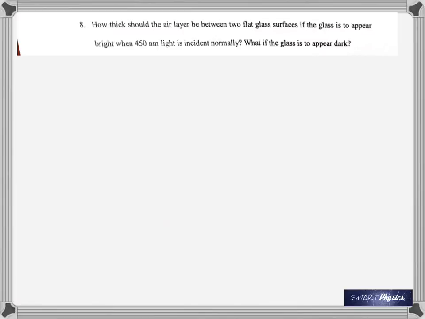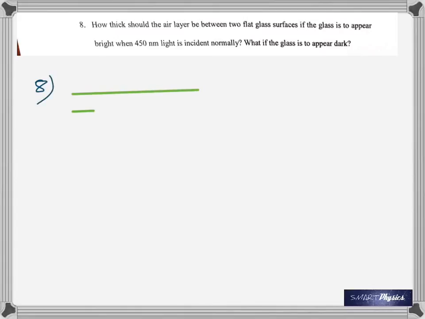And the 8th one: how thick should the air layer be between 2 flat glass surfaces if the glass is to appear bright when 450 nanometer light is incident normally? What if the glass is to appear dark? So now you have 2 flat glass surfaces and you have air between them.